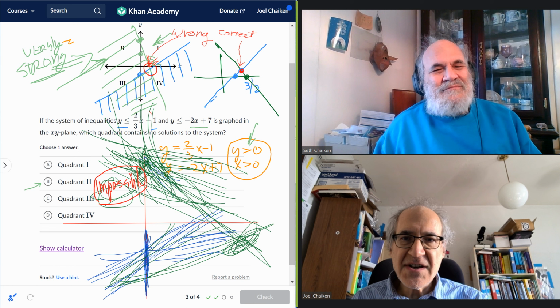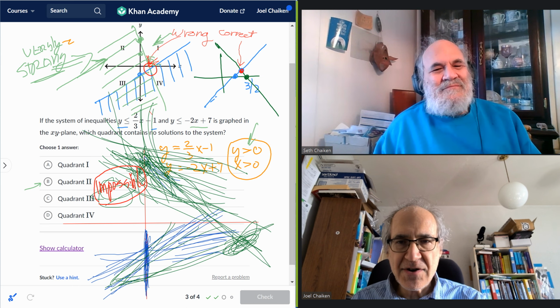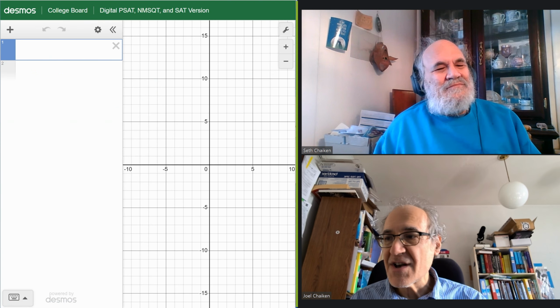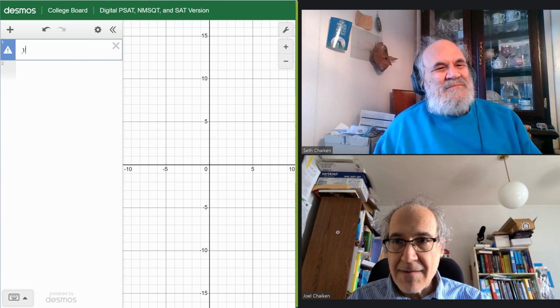My suspicion is that many people will do this problem with the online calculator, so we should therefore do it with the online calculator. Let's clear all drawings, go to the calculator, and do it. I think the calculator will actually handle inequalities, which means it becomes a brainless problem.